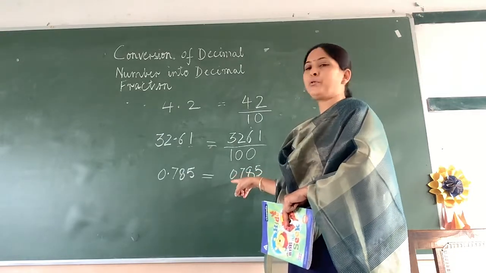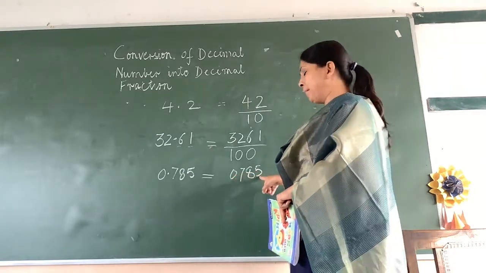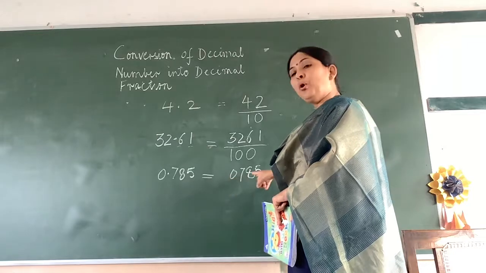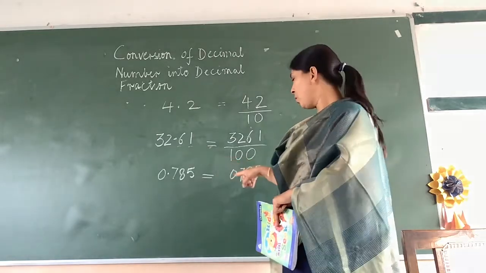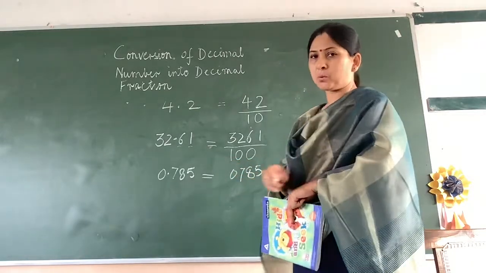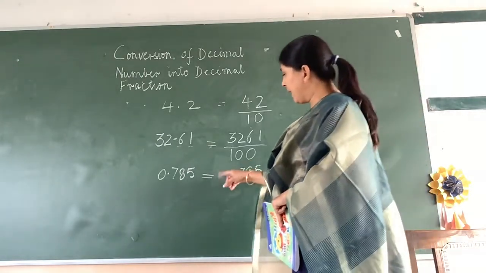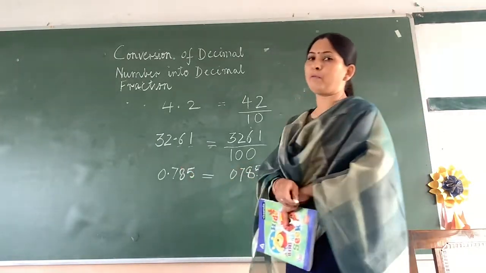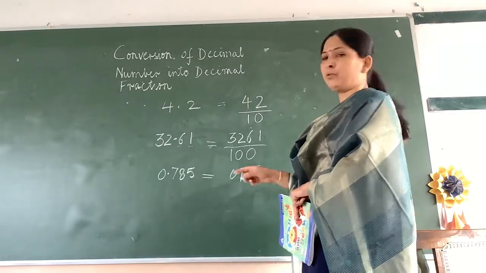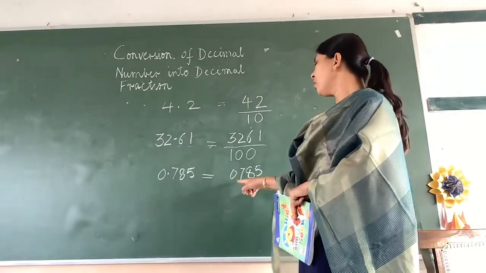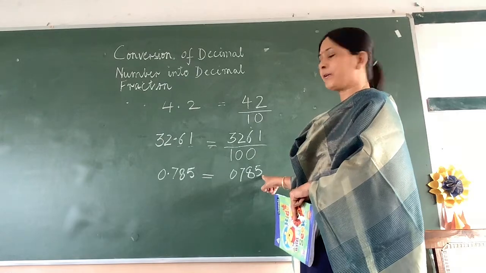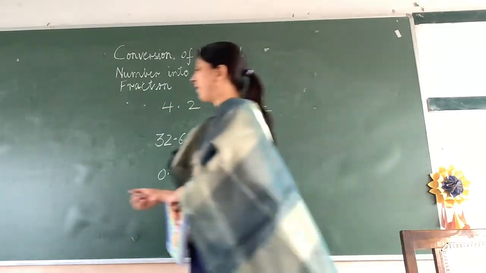But, children, you know, 0 before a number has no value. So, 0785 means what? 785. We can add as many zeros as we want before a number. That will not change the value of the number. So, 0785 can be written as 785.